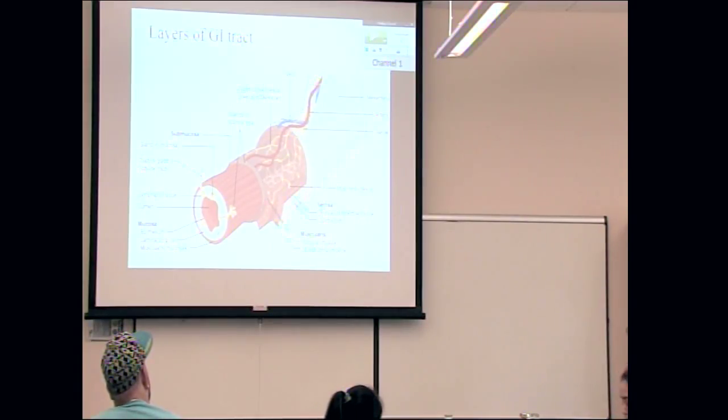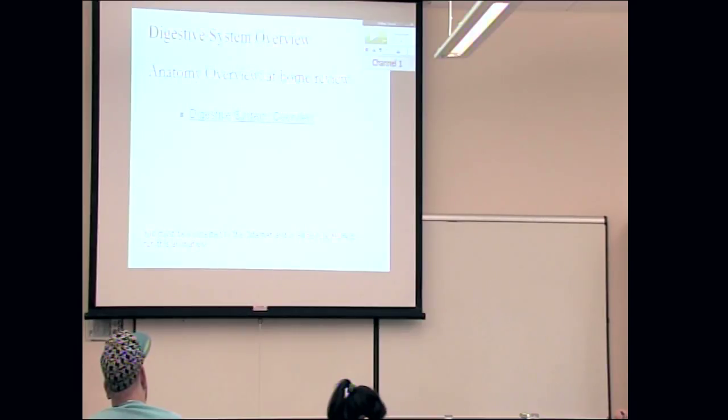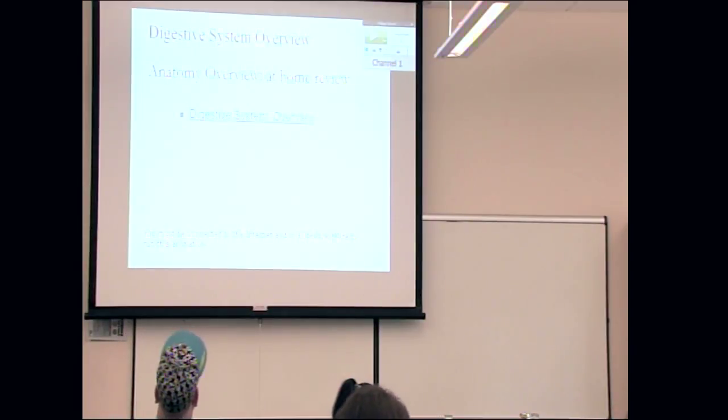So you want to think of it as this whole thing coming all the way through all those organs. All right, if you need extra review, you can click on that. It'll go through all the different organs and tell you more about them.